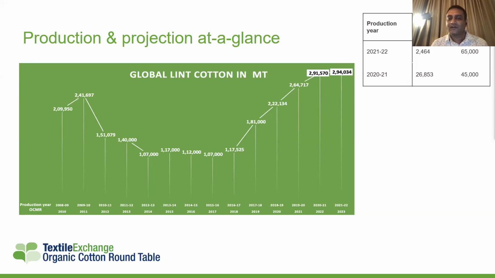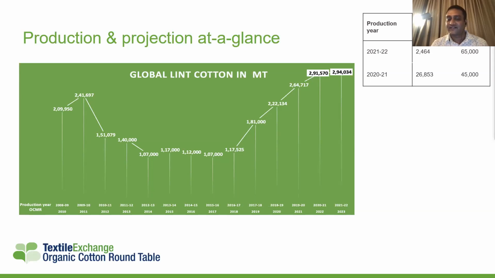So if you see, we have almost finished the 2019-20 season. But the data is still not finalized from a Textile Exchange perspective. Still, for your information, 100,000 metric ton of lint cotton is available, already used in the supply chain as organic in that particular year.